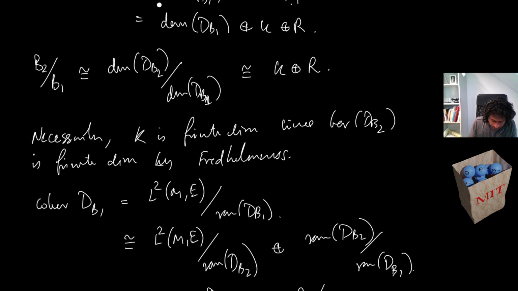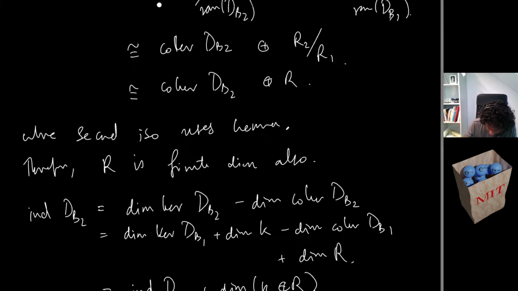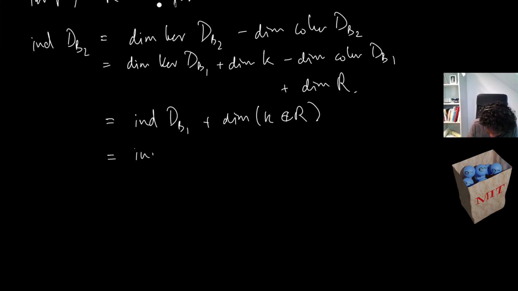Well, it's isomorphic to B2 mod out B1, right? So this is precisely the stated formula: the index of dB1 plus the dimension of B2 mod out B1.